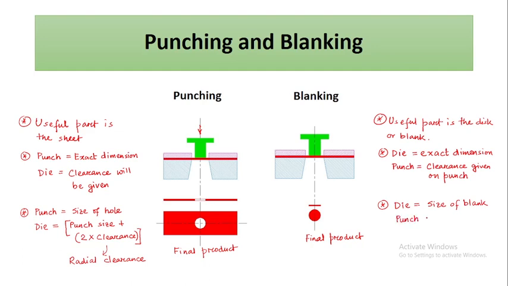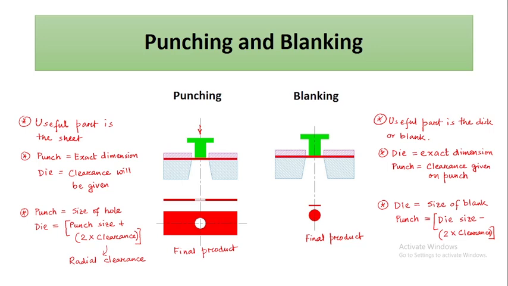The punch size should be smaller than the size of the die. So the punch size will be the die size minus again 2 into clearance, because it is the radial clearance.